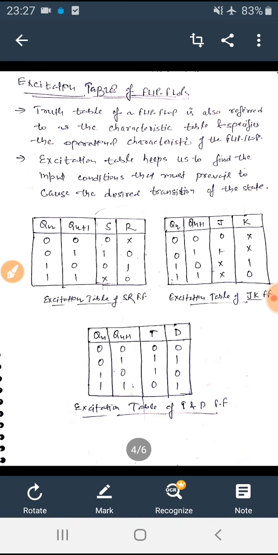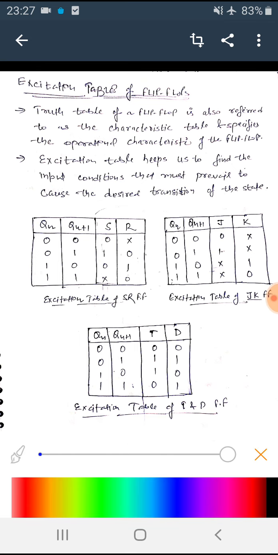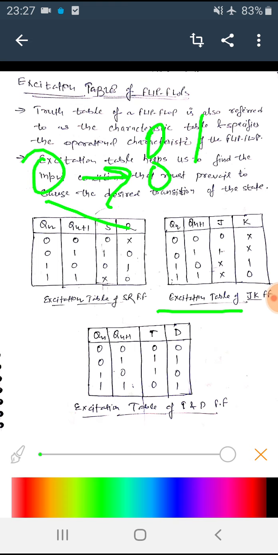Similarly, we can see the excitation table of the JK flip-flop here. The state can be either 0 or 1. If it was 0, it can remain 0 or it can change to 1. We have only 4 possible combinations for states.